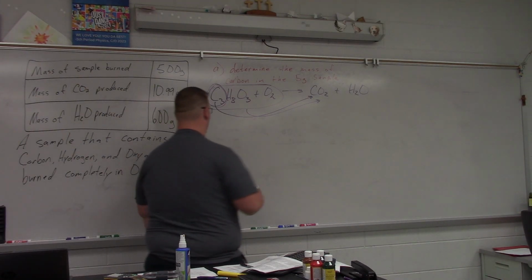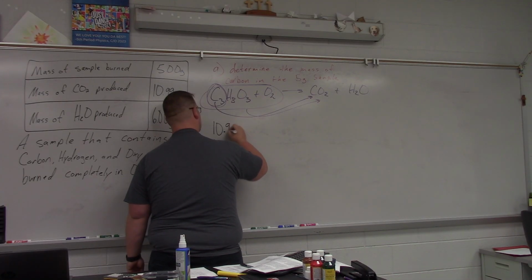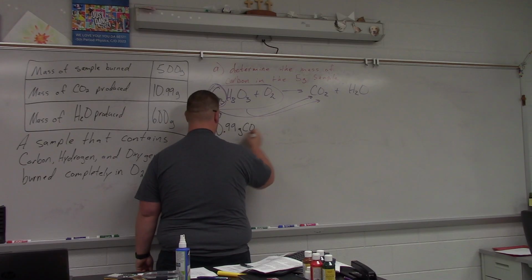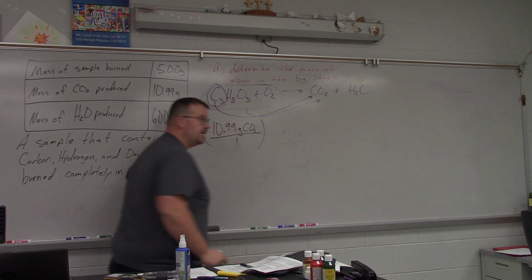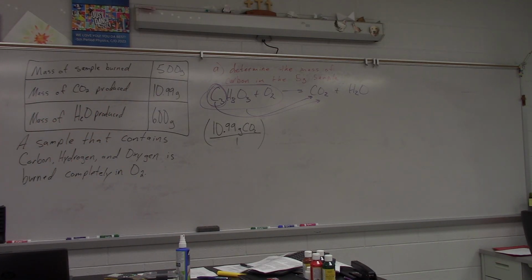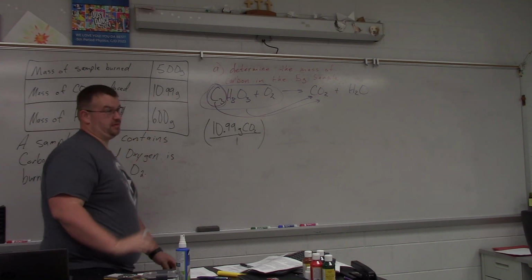Now here's the fun part. This really checks your knowledge behind what you're looking at. Because you're going to do a stoichiometric calculation without doing a stoichiometric calculation the way you're used to.